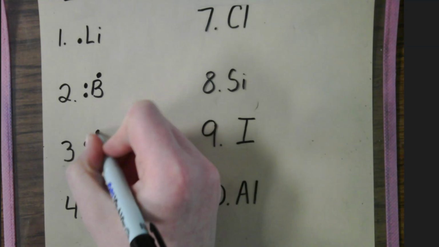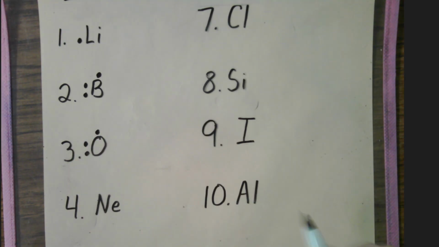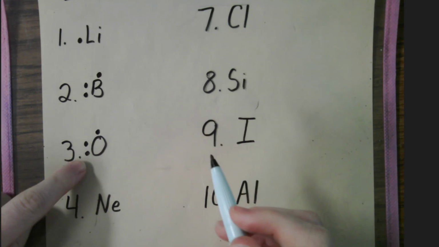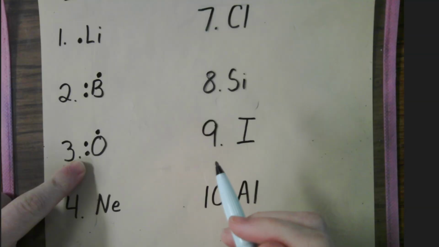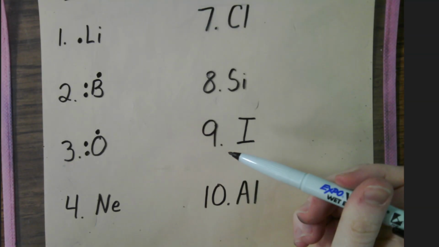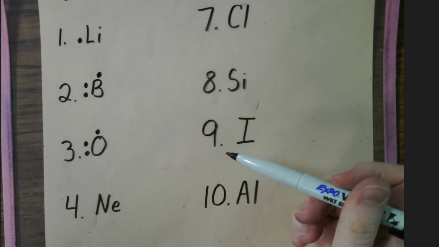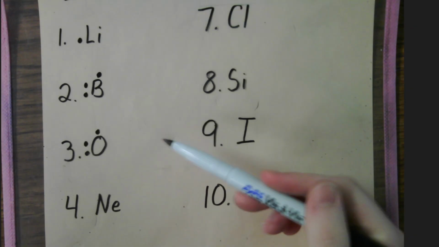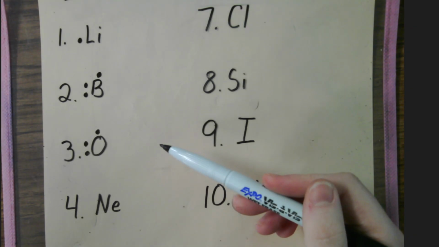We're going to go here, but now that we've filled up our s orbital, we have to fill up our p orbital. If you remember from our orbital notation, you have to do every other going up in the same direction. In this case, electron dot notation does the same.